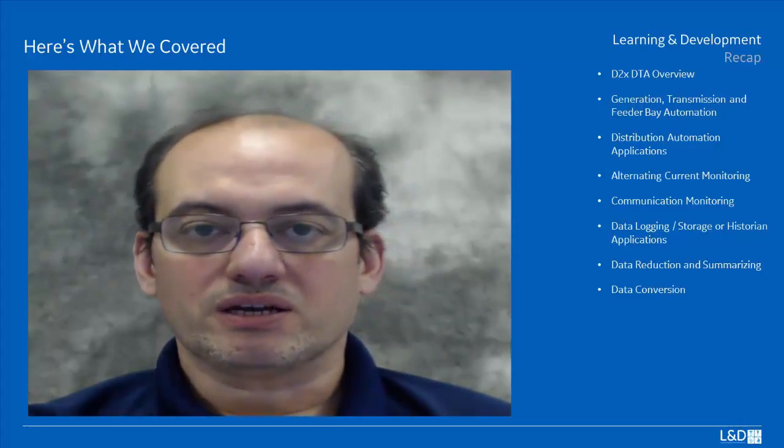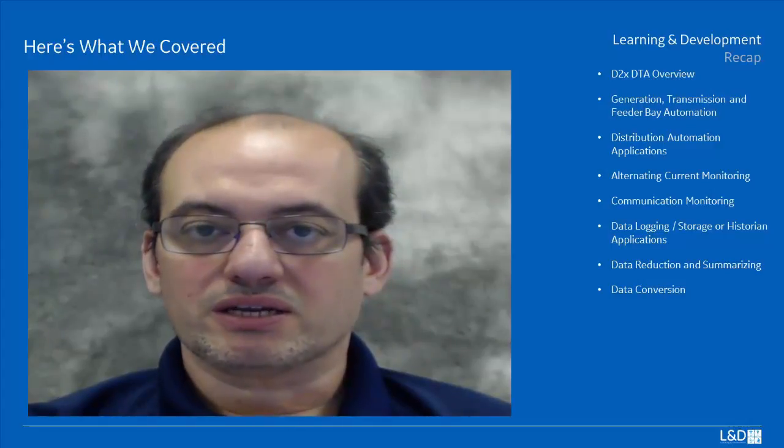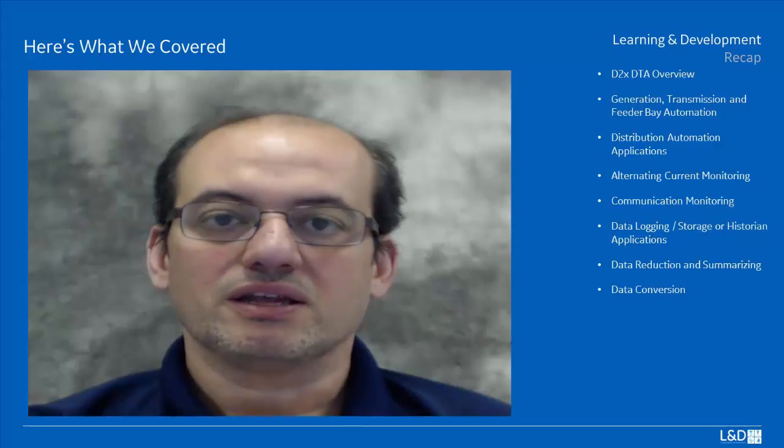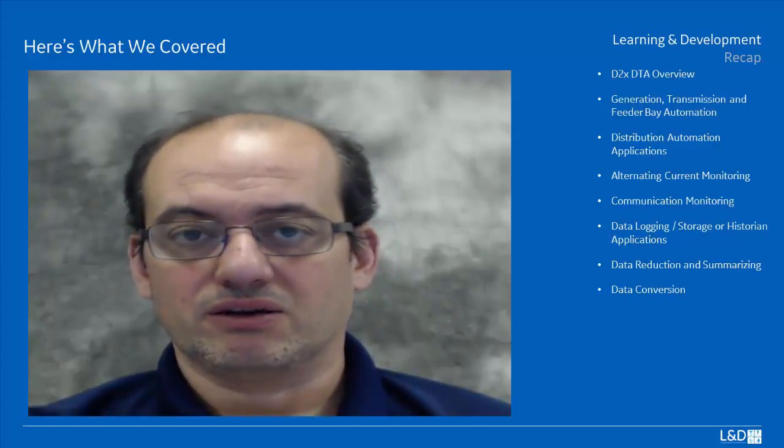What we covered was a brief listing of these applications so that you're aware of the available applications that you can request from our development team if needed, including applications that belong to generation, transmission, distribution, analog, AC analog monitoring, communication, and then all the data manipulating applications for summarizing and conversion.